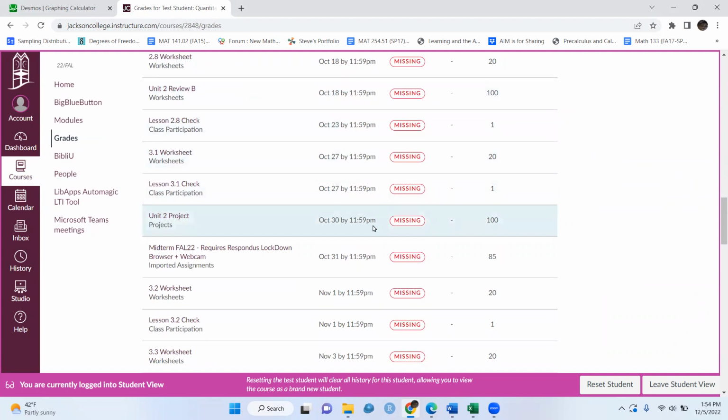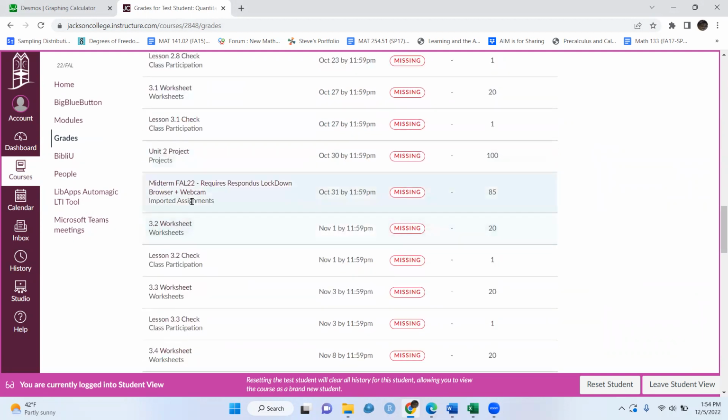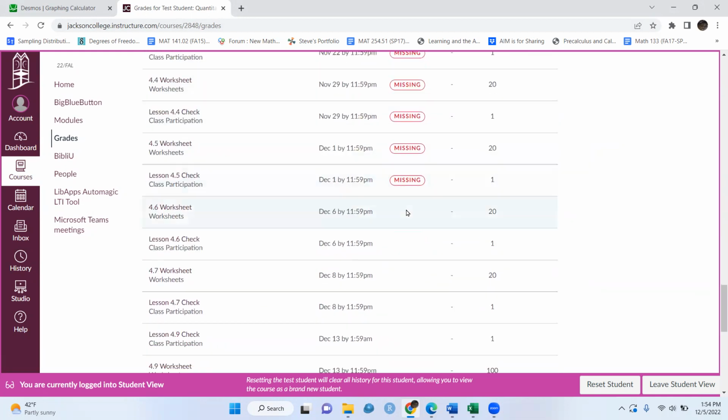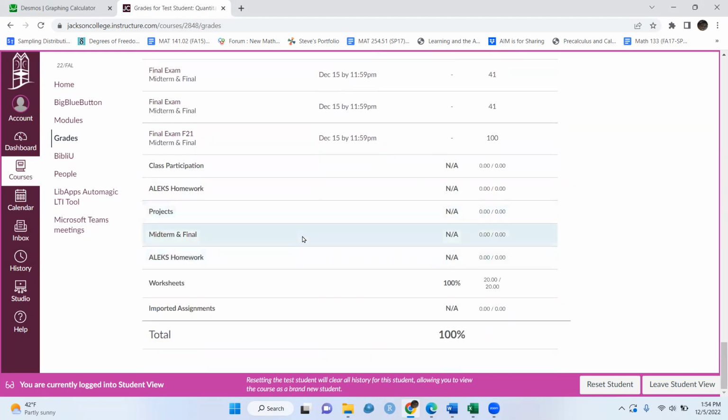You want that percentage. You want your midterm grade, that percentage. And then you can just take your final exam. You could take this percentage right here. Does that make sense?